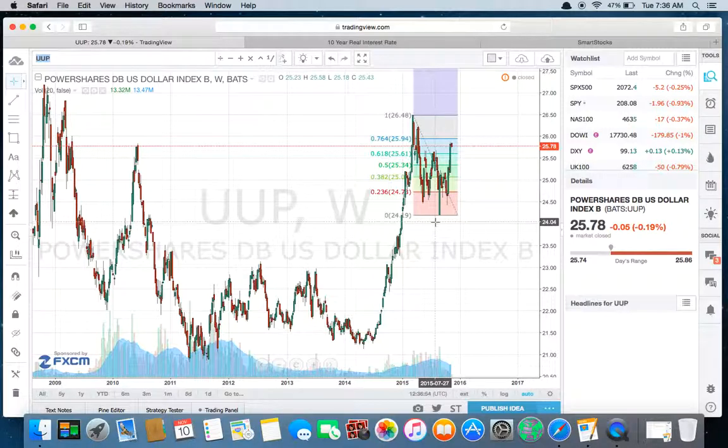Especially if interest rates are set to rise in the United States and possibly the United Kingdom, people are going to swap out some of these currencies in response to the movement in interest rates. They're essentially going to go into the higher yielding currencies, which again would be the British pound and the US dollar. So the US dollar perhaps looks even better, I would say, than equities going forward.